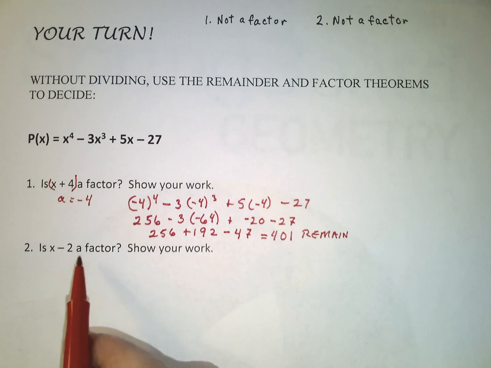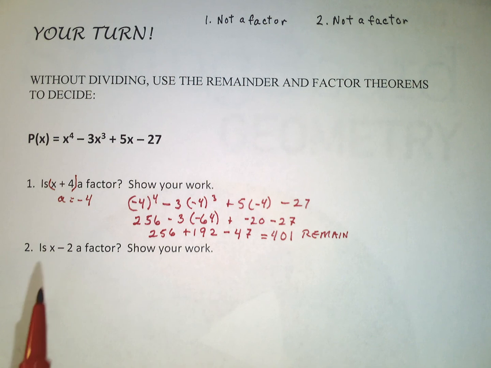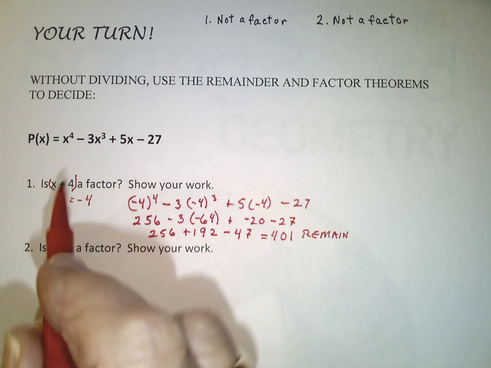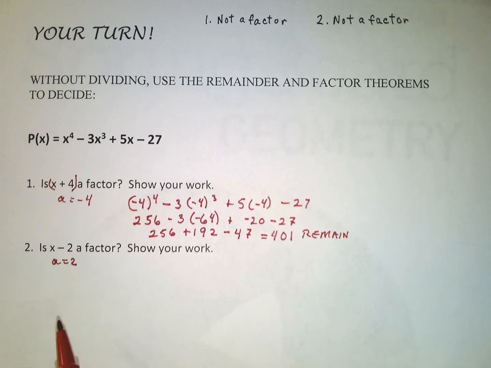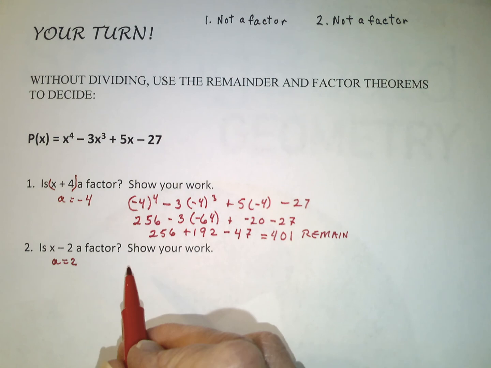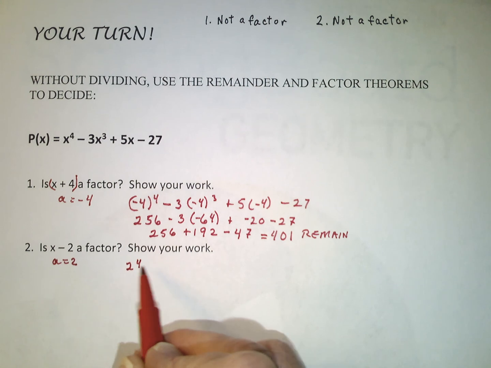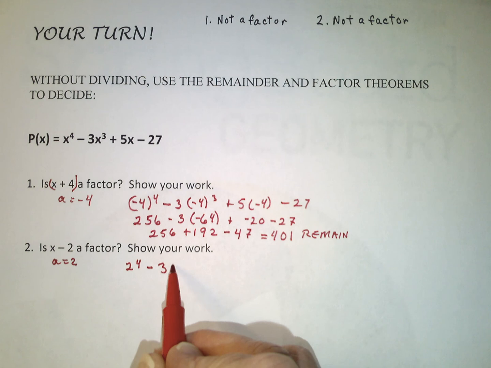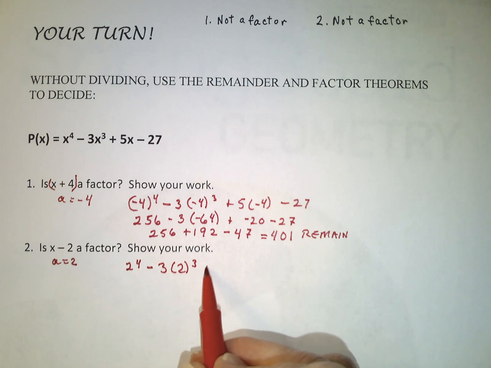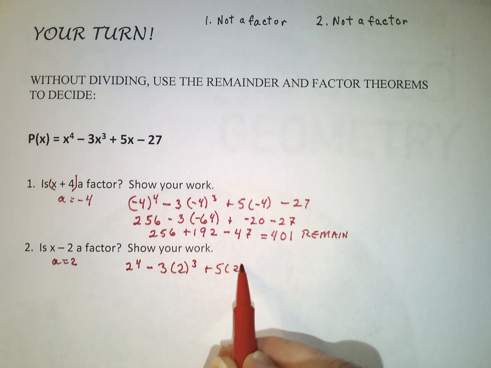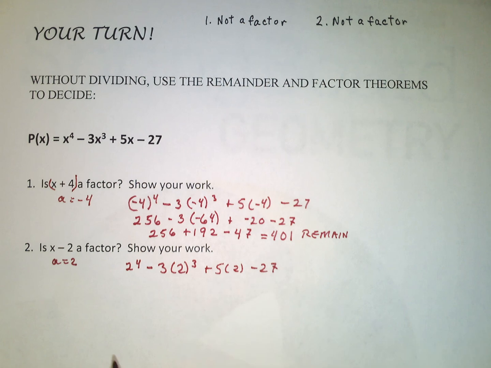So, is x minus 2 a factor? Well, if it is, we'll get a 0 when we put not negative 2, but if we put a equals positive 2 in the polynomial. So we'd have 2 to the 4th minus 3 times cube on 2 plus 5 times 2 minus 27.